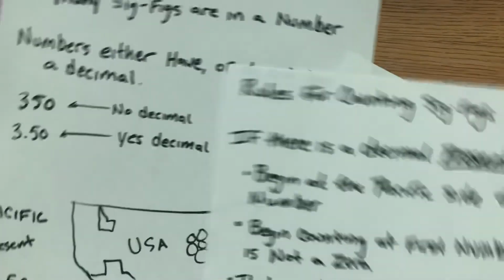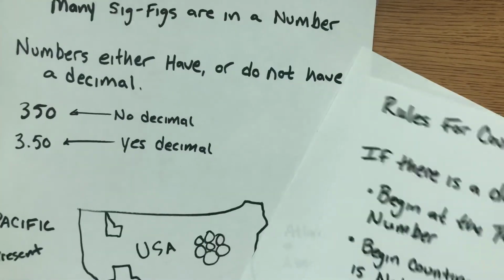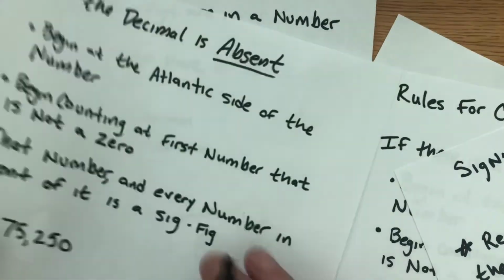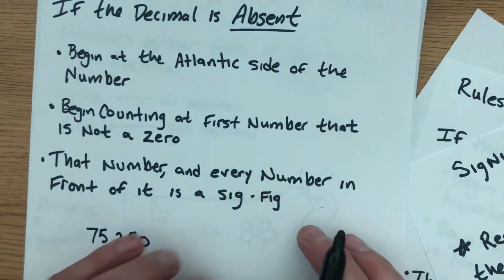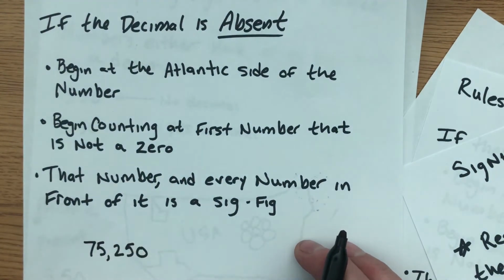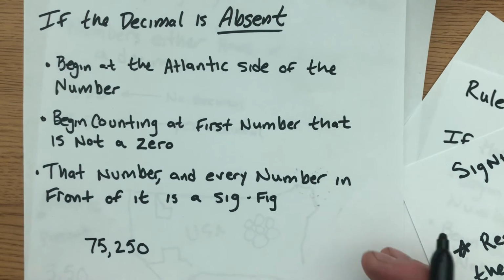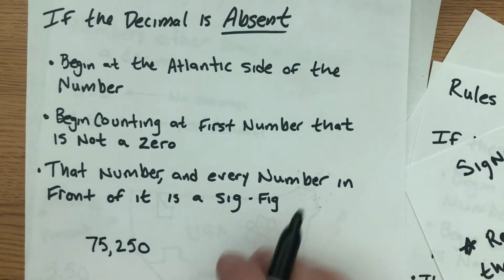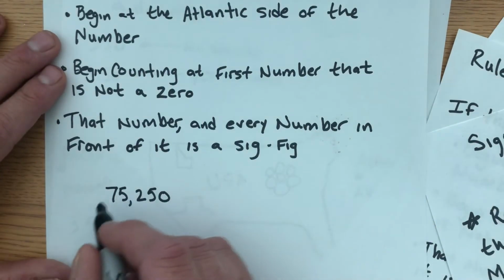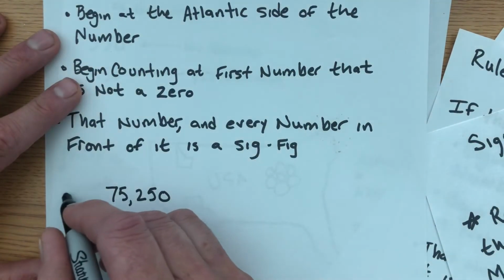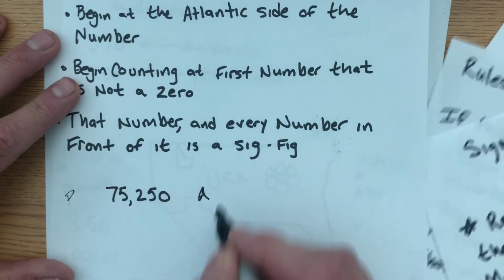Now the other case is if you have a decimal place that is not present, an absent decimal place. You do the same process, you just begin at the Atlantic side of the number. Here is our example number, this is the Pacific and this is the Atlantic side.